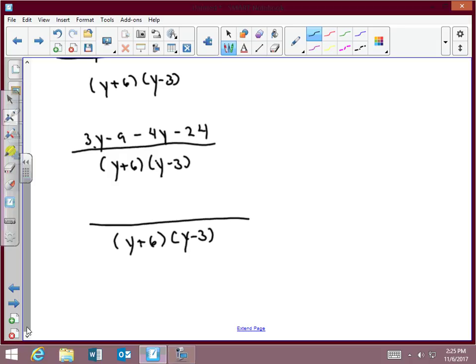The 3y minus 4y is a minus y, right? Minus 9 minus 24 is a minus 33. Now, no matter what I do with that numerator, I cannot get something that will cancel in the denominator, right?